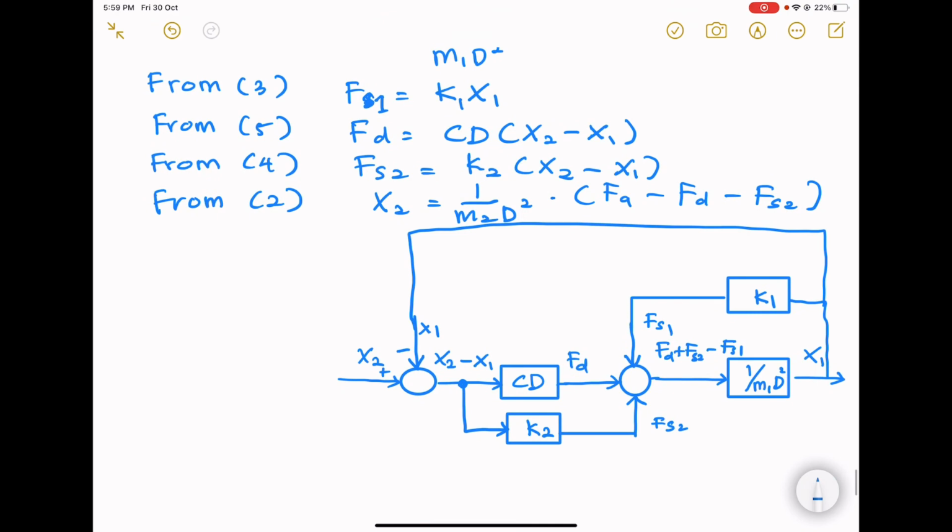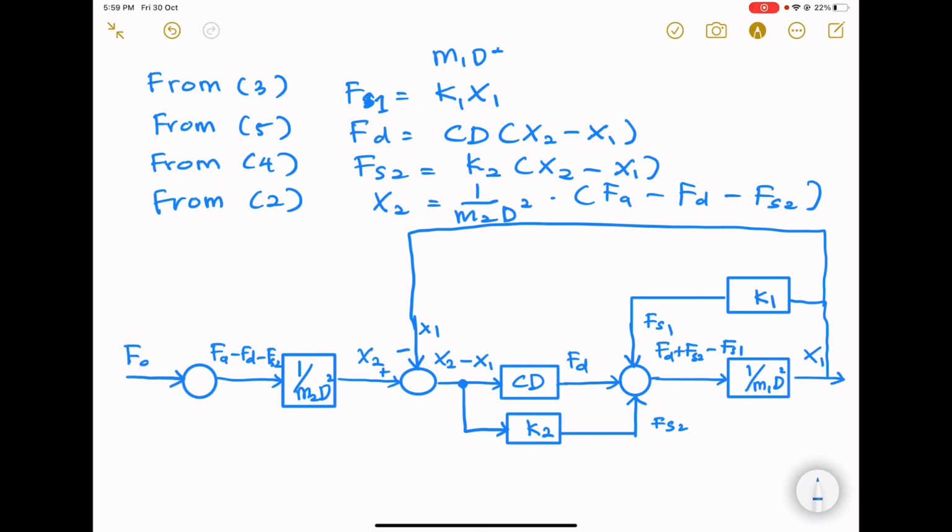So we draw the block diagram: 1 over M2 d squared. The input is Fa minus Fd minus Fs2. Then we draw a summation point with 3 arrows coming into it.